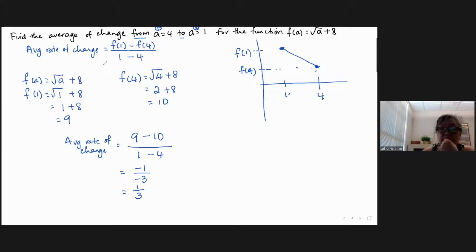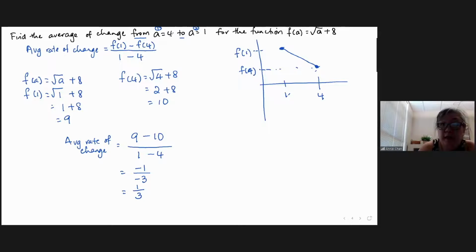I like this question because you don't always write it in this manner, right? You always say change of y over change of x. I don't have a y here. You could say change of y over change of x.